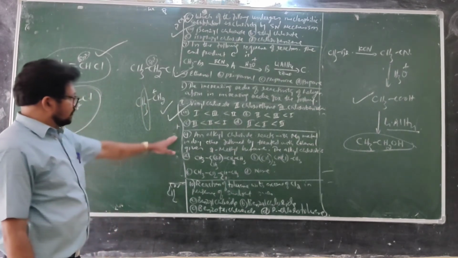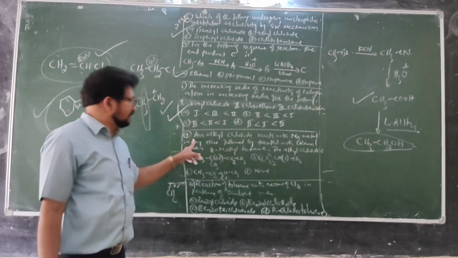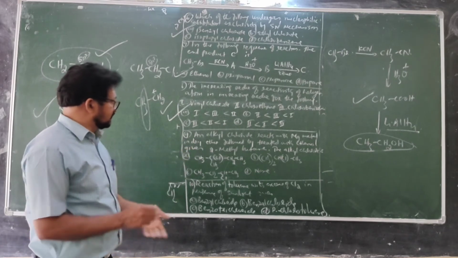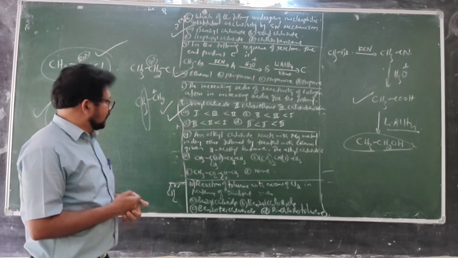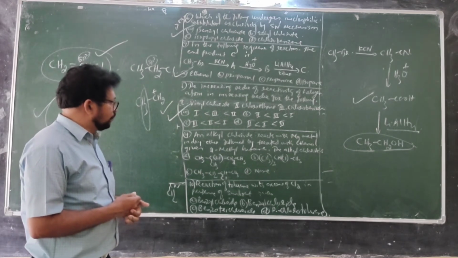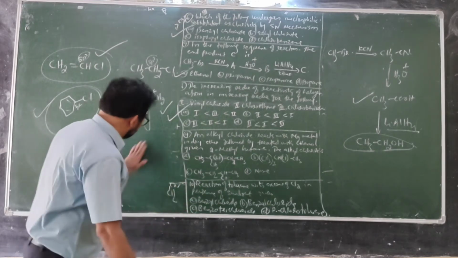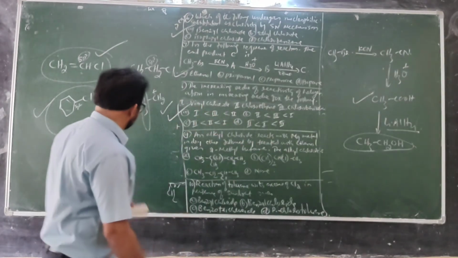Question number 9. An alkyl chloride, on treatment with magnesium in dry ether followed by treatment with ethanol, gives 2-methyl butane. The alkyl chloride is? So you go back, the reverse reaction. They have asked a Grignard reaction.